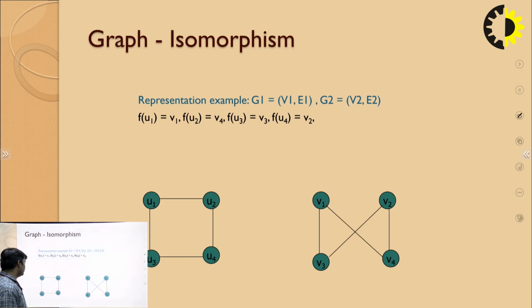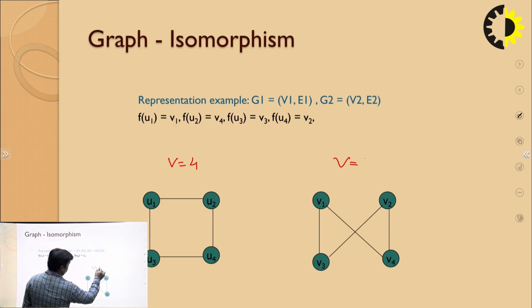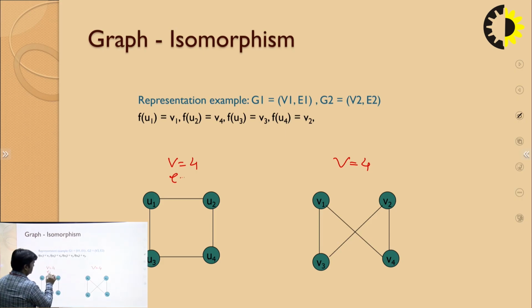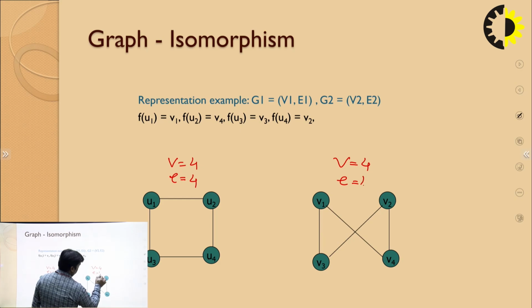Here is an example. This graph has vertices u1, u2, u3, u4 and another graph has v1, v2, v3 and v4. Both these graphs are isomorphic to each other because in this graph the total number of vertices is 4 and here the total number of vertices is also 4. The total number of edges in this graph is 4, and in this graph also 4.